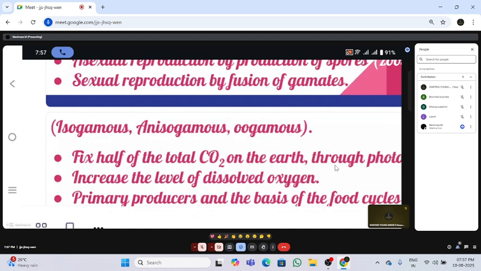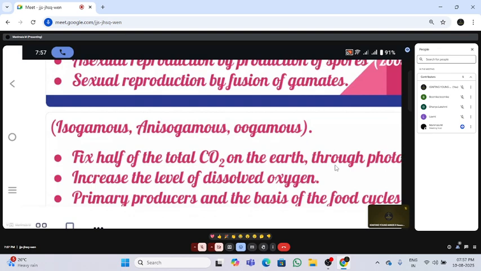Then what do you mean by oogamy? The fusion of a small motile or non-motile male gamete, called sperm or antherozoid, with the non-motile female gamete, the egg, is called oogamy.